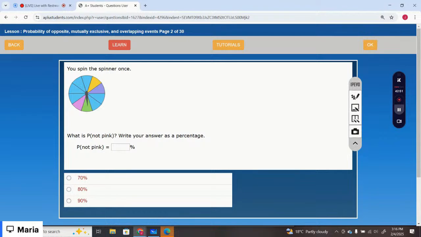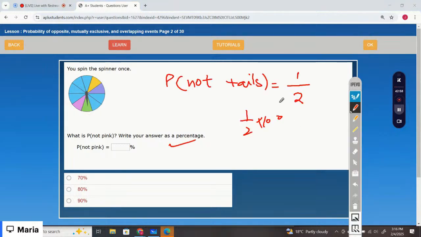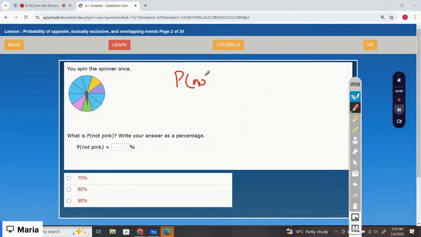You spin the spinner once. What is the probability of not pink? So the probability of not pink. That is 9 by 10, right? You need to write the answer in percentage form, multiply it by 100. So then that would be 90%.